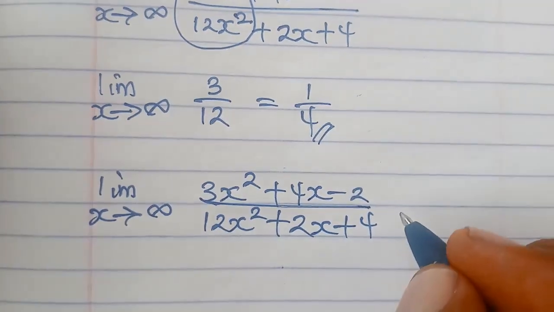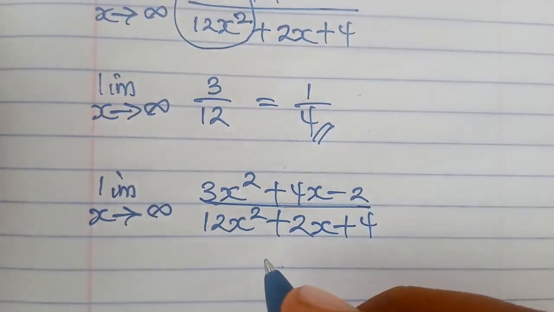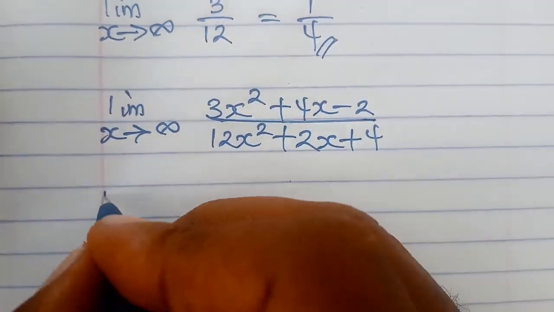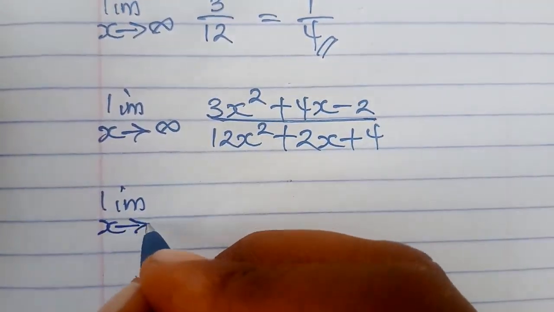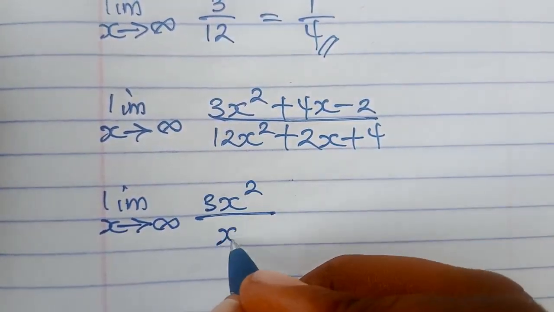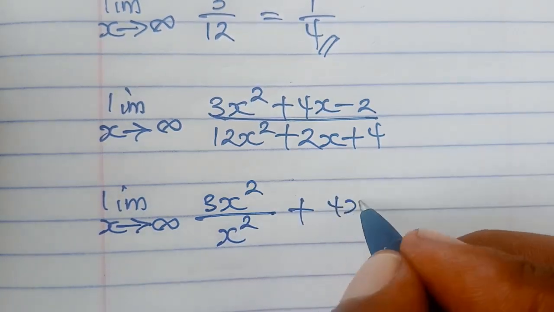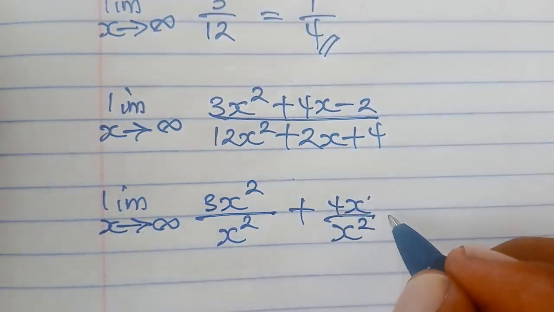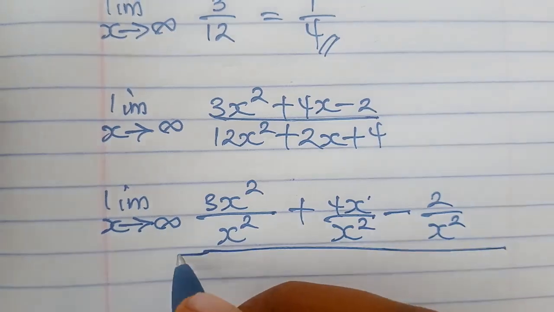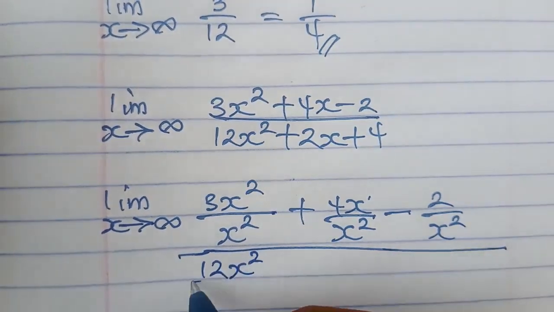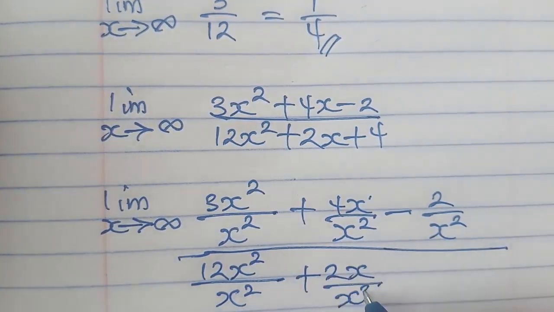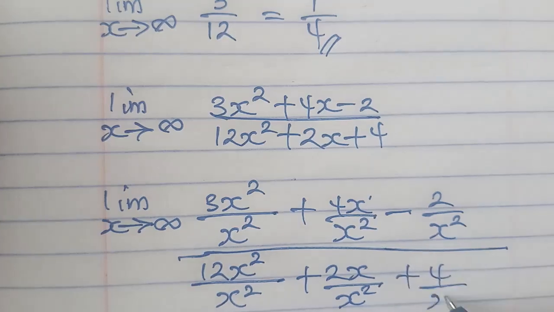What you need to do is divide both top and bottom by the highest power of x, which is x squared. So we're going to have limit as x tends to infinity, 3x squared divided by x squared plus 4x divided by x squared minus 2 divided by x squared, all over 12x squared divided by x squared plus 2x divided by x squared plus 4 divided by x squared.